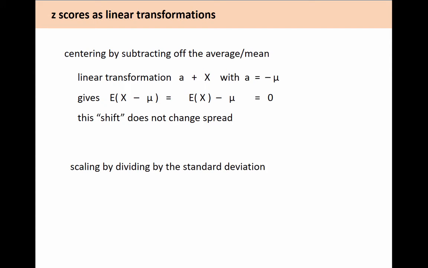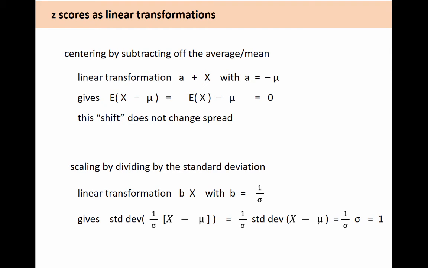When we scale by dividing by the standard deviation, this is also a linear transformation with a constant b equal to 1 over sigma using the notation for a population.